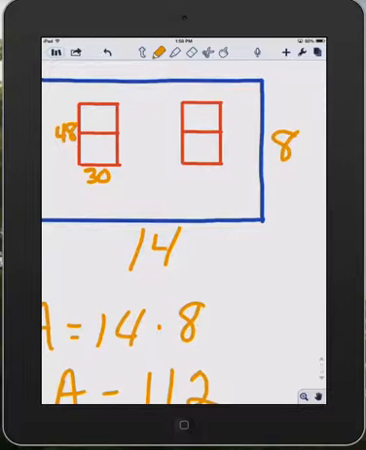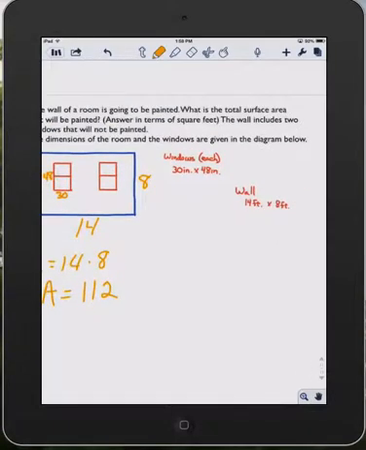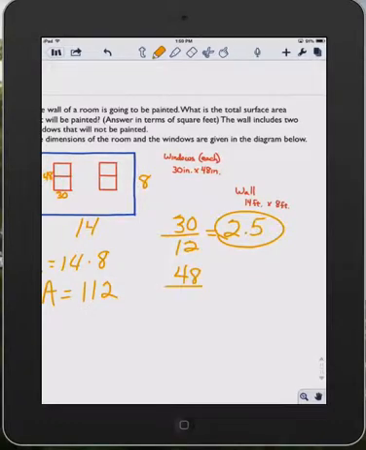So I'm going to go off to the side and take 30 and divide it by 12 and find that in terms of feet, 30 inches is equal to 2.5 feet because it's 12 inches per foot. And I'll do the same for the 48 inches for the height of that rectangle. 48 divided by 12 gives us 4 feet for the height.